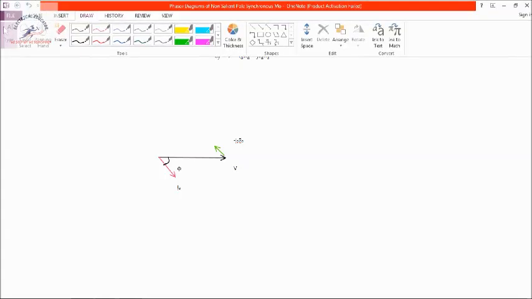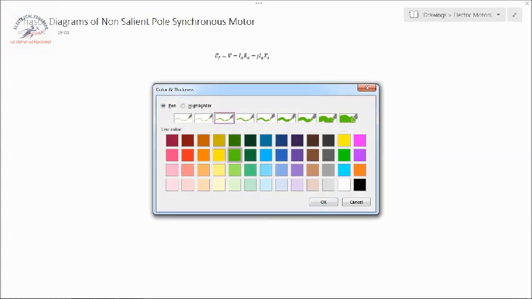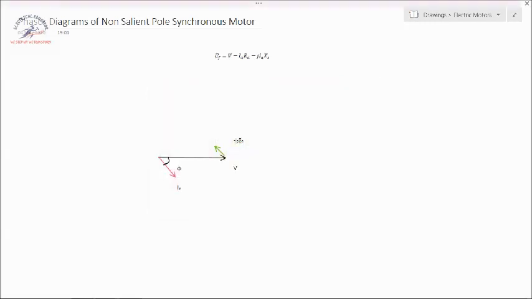So I want to draw IaXs now. It is a drop which leads Ia by 90 degrees. Ia vector is here. Lag means I have to draw in this direction. I want this vector to lead, so I will draw it here. So this becomes IaXs now.